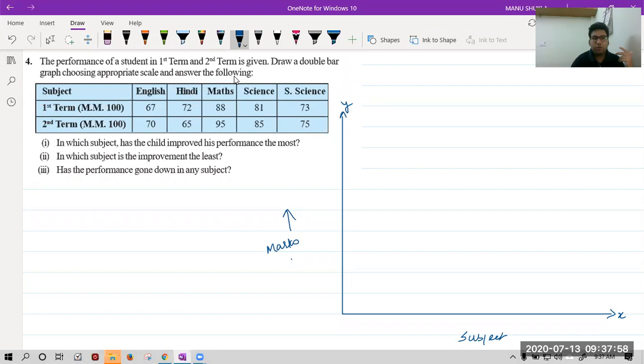Now, first of all, try not to type anything in the chat box. Okay, you are saying x equal to subject, y equal to marks. Correct. You are saying scale is 10. Let me write the scale values. The minimum value we have is, please tell me, what is the minimum value? Minimum value is 65 and max value is?